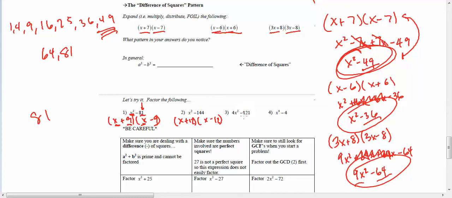All right. What about this one? 4x squared minus 121. Is 4 important? One second. All right, so check this out. We're going to break this one down, 4x squared minus 121. The 4 is important because that's also a perfect square. The 121 is 11 times 11. So I'm going to break down my two parentheses.